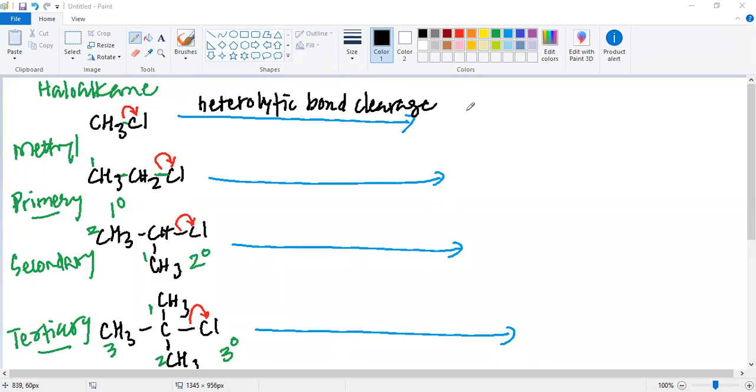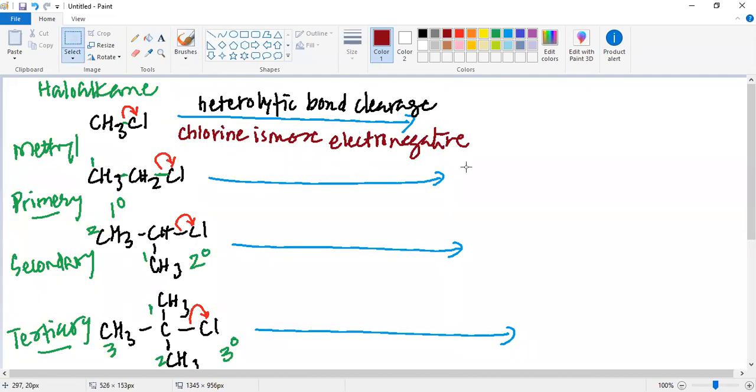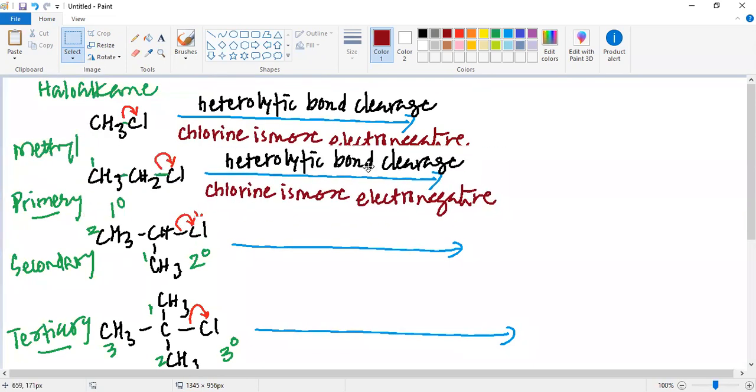what happens is that, and we even need to mention it over here, chlorine is more electronegative than carbon. So as we can see here, we have a heterolytic cleavage, and chlorine is more electronegative than carbon, my dear students. So this is what happens.